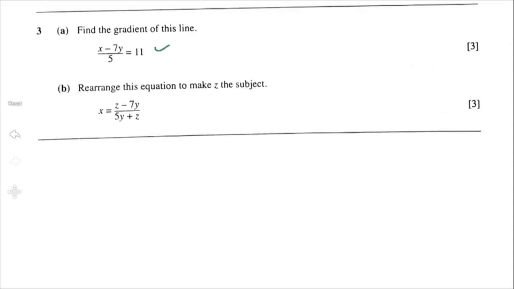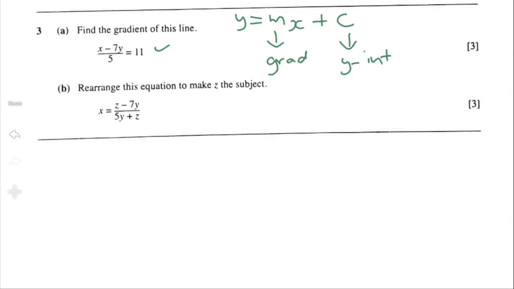If you remember very well, the general equation for any straight line is y equal to mx plus c, where that m there is our gradient, and that c there is our y-intercept.